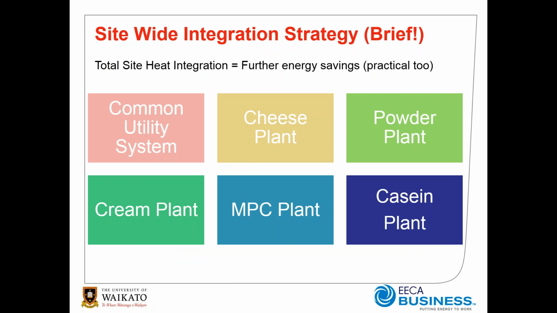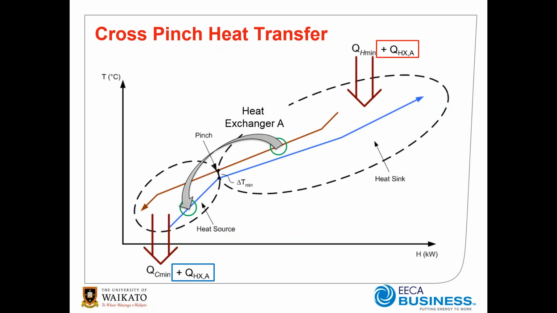Now, the methodology that we've presented so far is fine for a single process. It's fine if we're able to take all of these hot streams and directly integrate them and exchange heat with these cold streams.